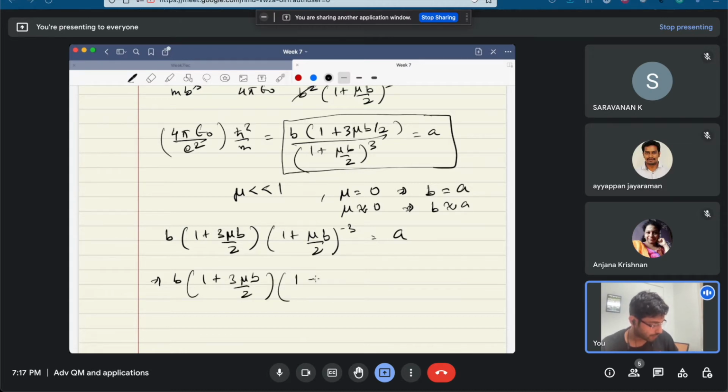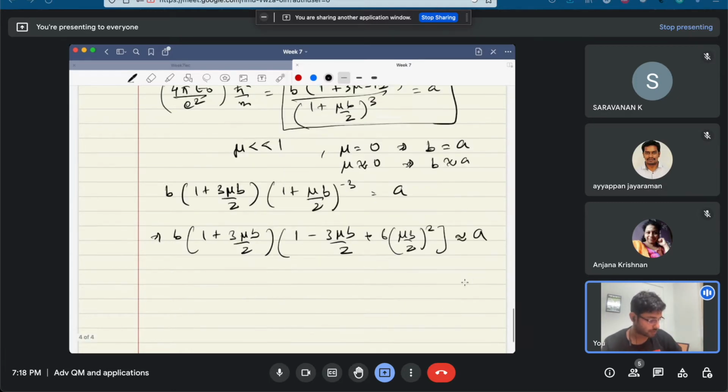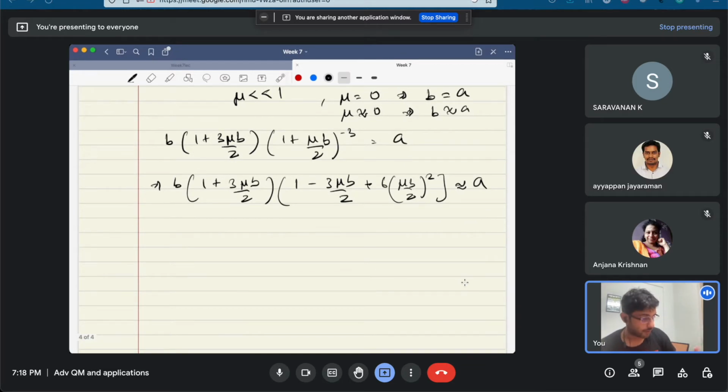We have 1 minus 3 mu b by 2, and in the next coefficient it's 3 by 2, sorry, it's 3 mu b by 2 plus 6 mu b by 2 whole square, and this is equal to a. This is also not exactly equal since we are taking an approximation, it's almost equal to a.